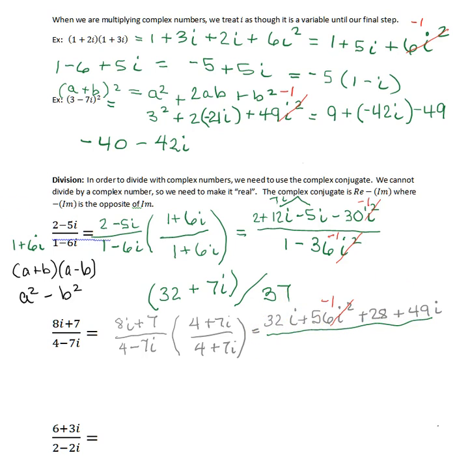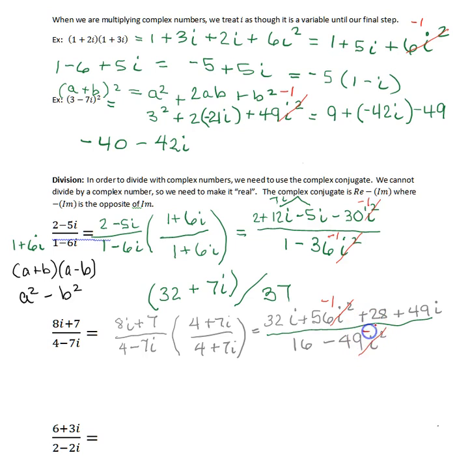Oops, I meant that to be a gray. There we go. So here I'm going to have my 16 plus or minus a 49i squared, which again is going to give me that i squared is going to be a -1, right?